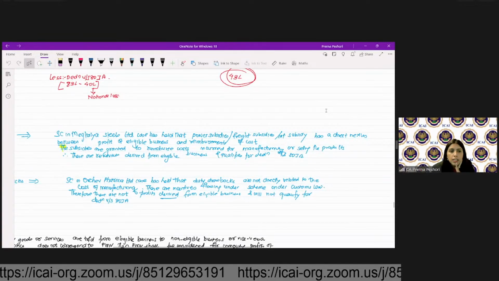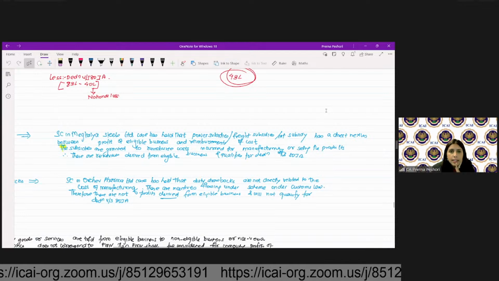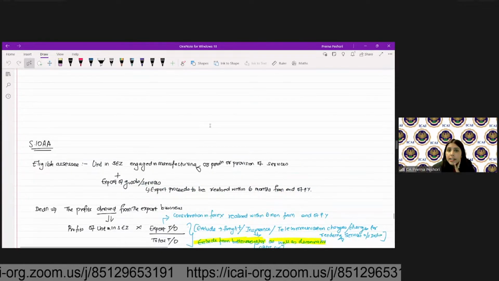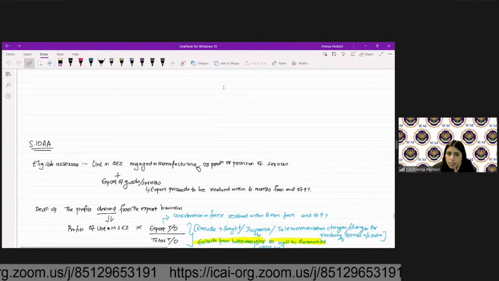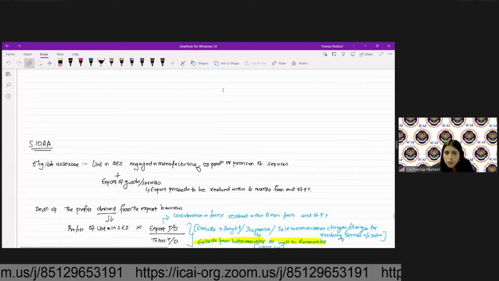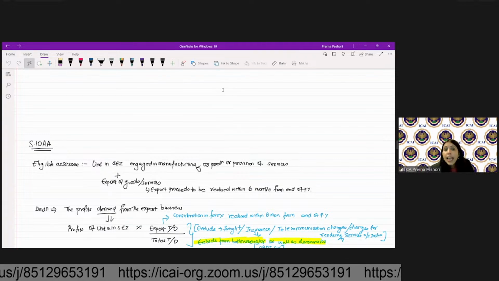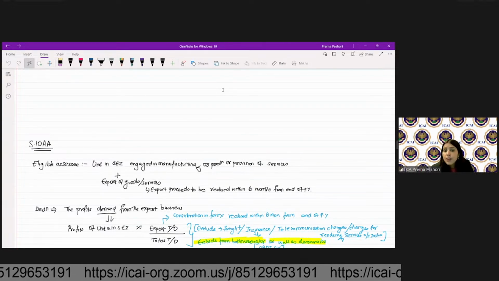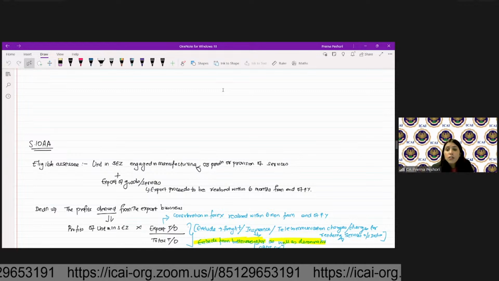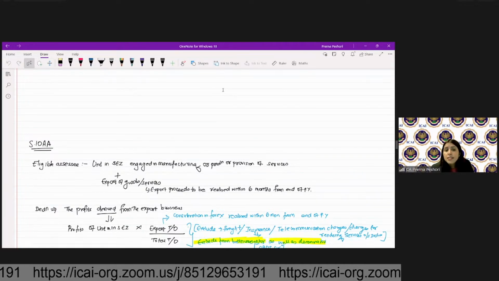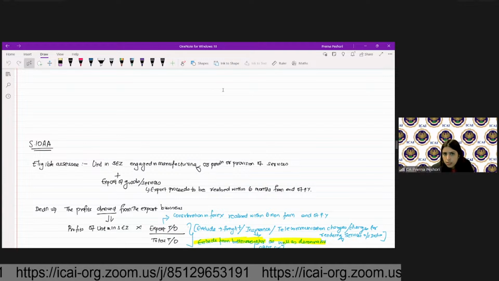Now moving on to the 10AA. Again in the 10AA, the eligible assessee is the unit in SEZ which is engaged in the manufacturing or production or the provision of services plus export of goods or services. Now the export proceeds have to be realized within 6 months from the end of the previous year. The deduction here will be the profits derived from the export business.